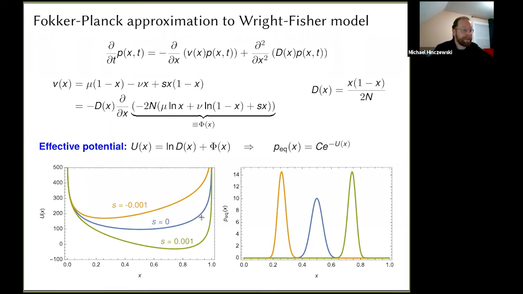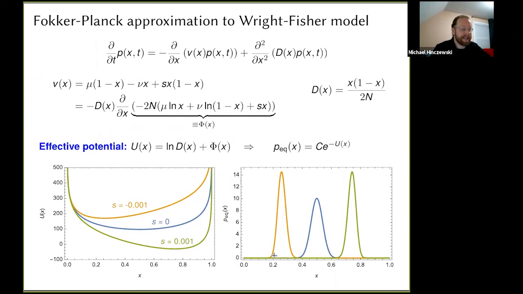You can imagine, for example, that if S equals 0, so you have no bias towards A or B, the effective potential is a symmetric well, and you get a distribution centered around 1/2. If you make S a little bit negative, so you give some preference to A, it's like tilting the well, and you move the potential over to smaller values.